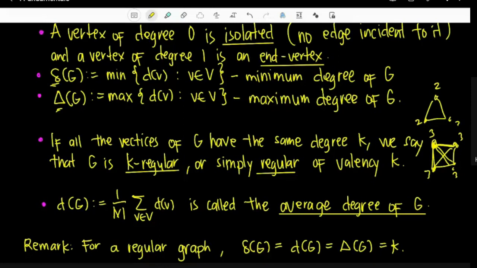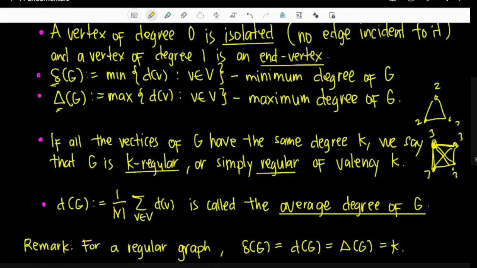So when we say degree of the graph, that's the average degree. That's why for a regular graph, of course, the average degree is the degree itself of the regular graph, because that is the number of degrees for each vertex. So if you add them all and you divide it by V, you still get D as your answer.